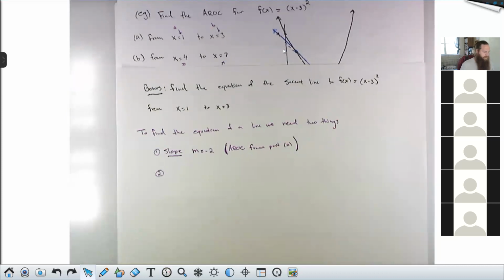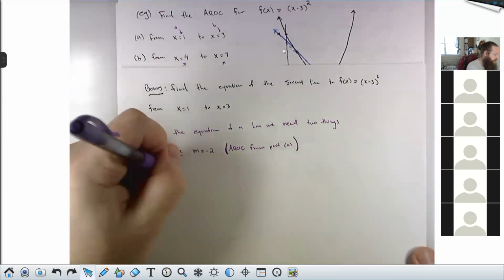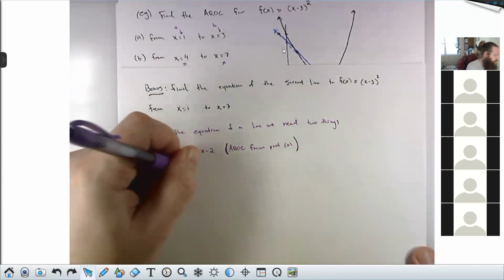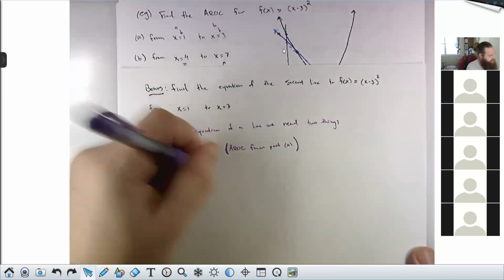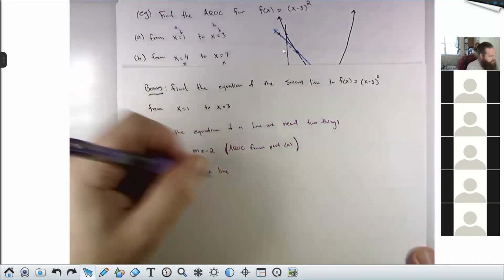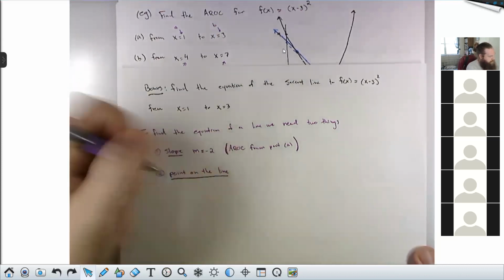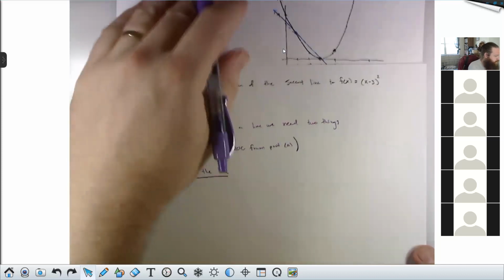So here's a big thing. We need to broaden our world of lines to think beyond mx plus b. Really what you need is the slope and any point on the line. So there's 2 points that I know for sure on this line.